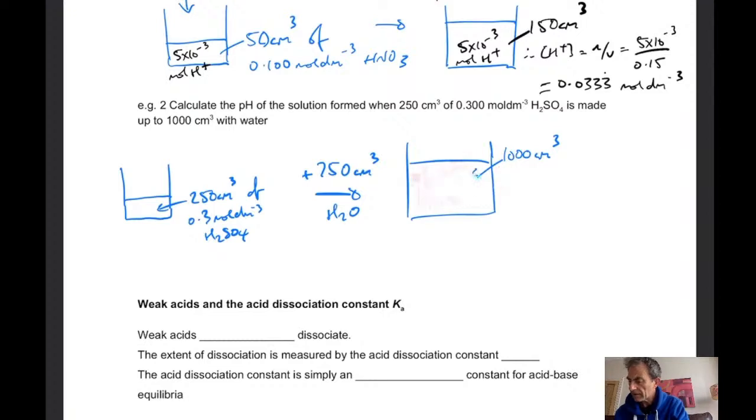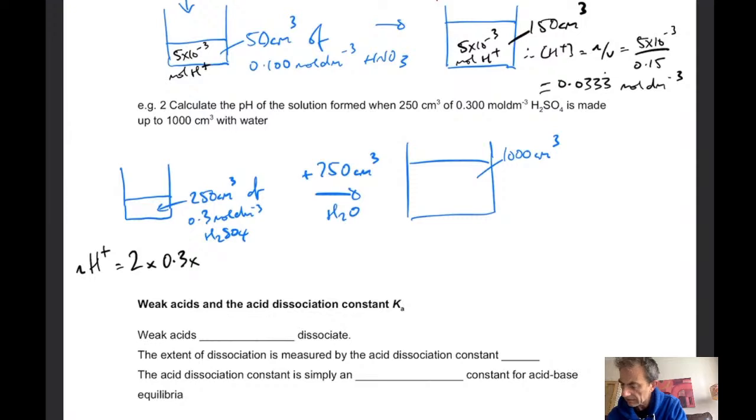Okay, so the first thing I'm going to do is work out the moles of H plus. So the moles of H plus that we've got to start with is going to be 2, because it's dibasic or diprotic, 2 times concentration times volume, 2 times 0.3 times volume 0.25.